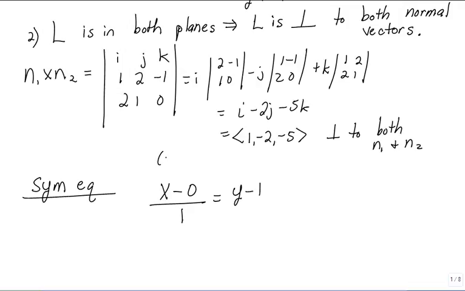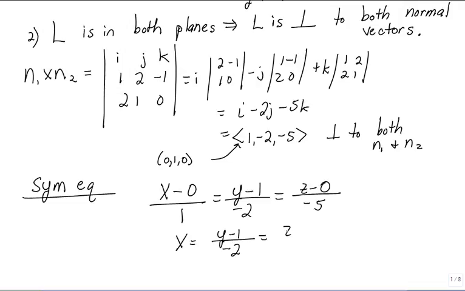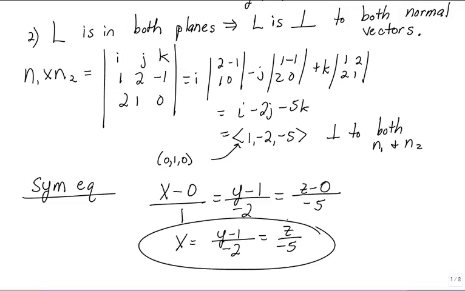We're using the point 0, 1, 0 along with this direction vector. And we're done. All right, look at some of the example homework problems for some more solutions.